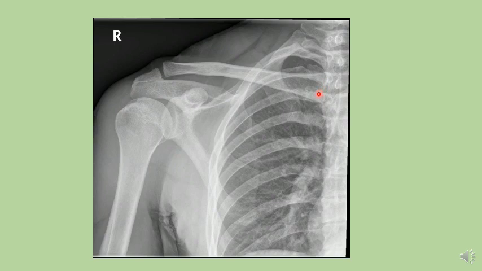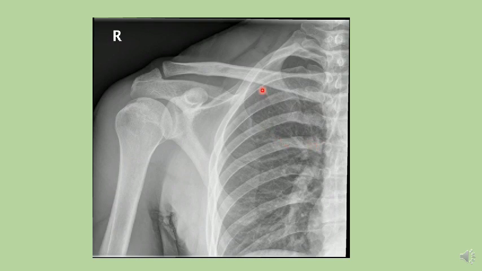Examiner can also ask you about the ribs. Can you show the first rib? Outline of the first rib can be made out here. So this is the shadow of first rib. This is the outer border of first rib, and this is inner border of the first rib. And this is second rib.